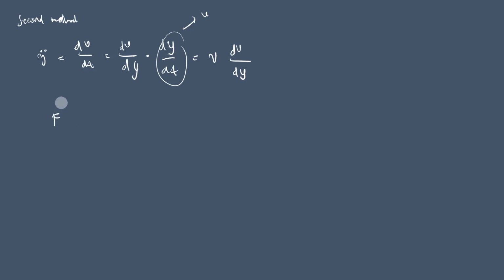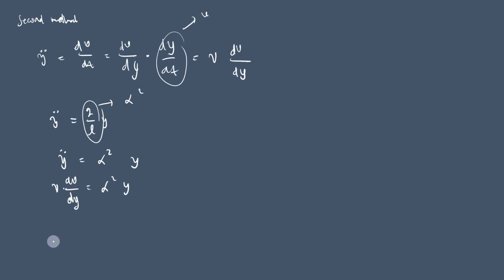So from Newton's second law, y double dot equals g divided by L times y, and we substitute alpha square, so y double dot equals alpha square y, and rewrite the acceleration as v dv dy, and integrate it.